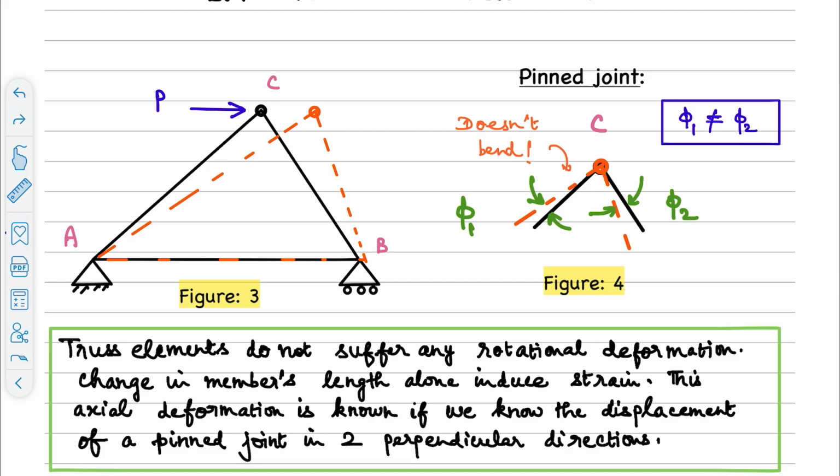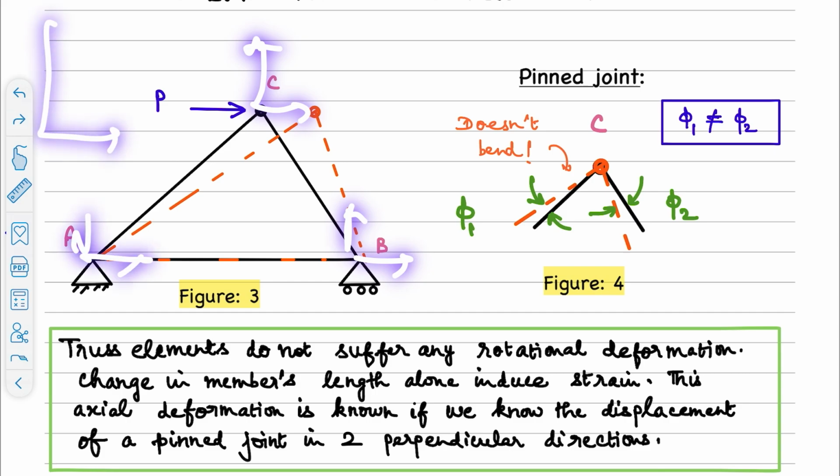So overall, we can say the strain that develops in truss elements is due to the change in member length. That is, if we know the displacement of a pin joint, we can also determine the axial deformation. So all the information which is of concern in a truss element is the joint displacements, such as this.